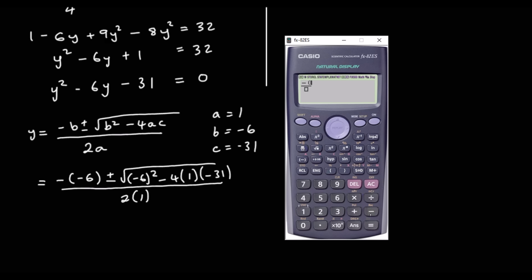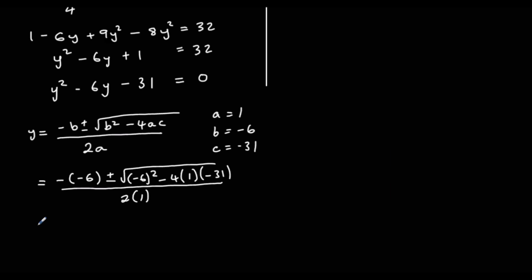So we have minus negative 6 plus the square root of negative 6 squared minus 4 times 1 times negative 31 all over 2 1s. So we have 9.32. So our first y answer is 9.32.